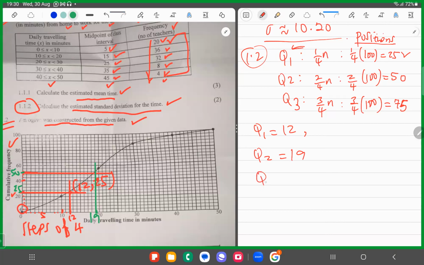And then now you look for Q3. Q3 is going to be at position 75 of the 100. So 75 now, you have 60, then you add 4, 64, 68, 72, 76. So below 76 is 75. Okay?